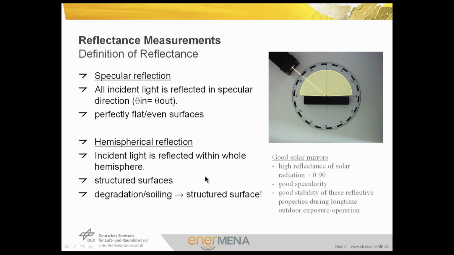A typical solar mirror needs to have at least 90% of solar reflectance, and it of course needs to have good specularity, and those two properties must be stable over time in the outdoor exposure, because we don't want to have loss during the lifetime of the solar collector.